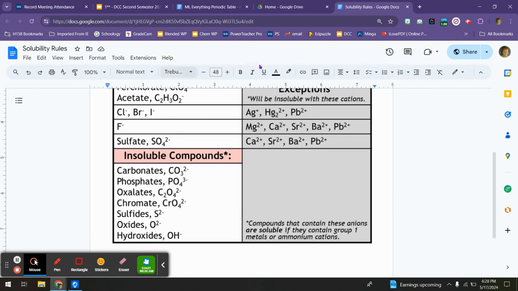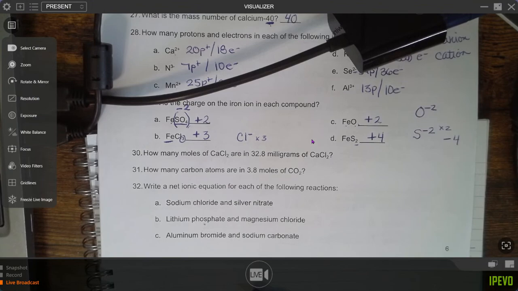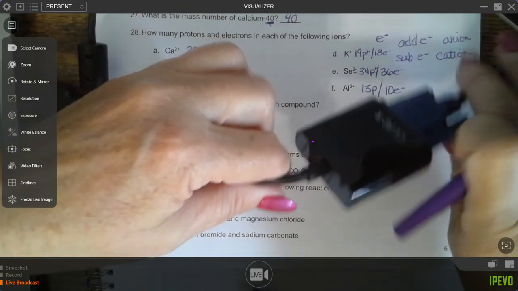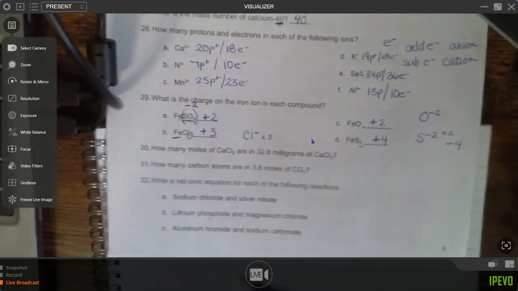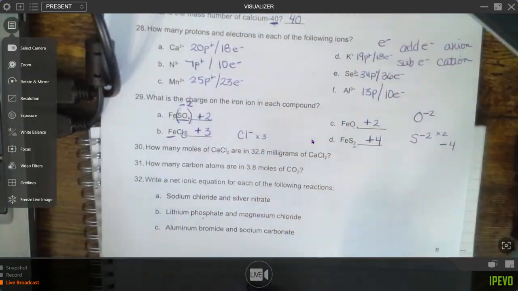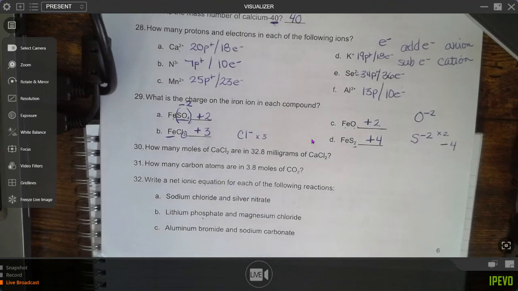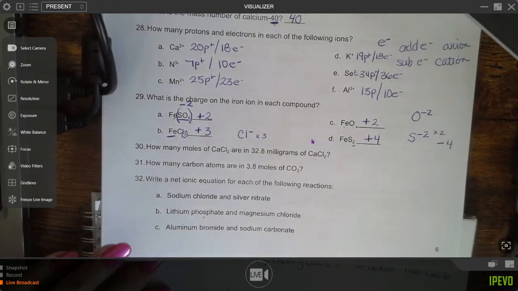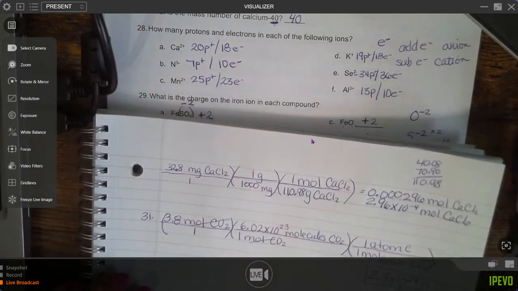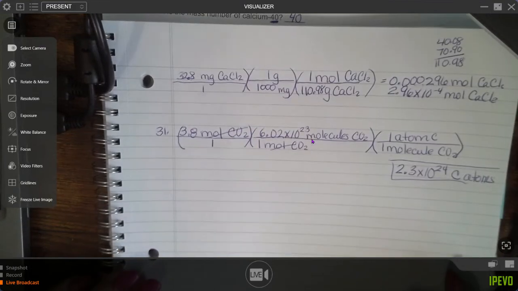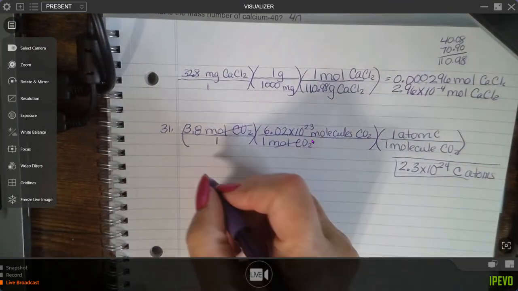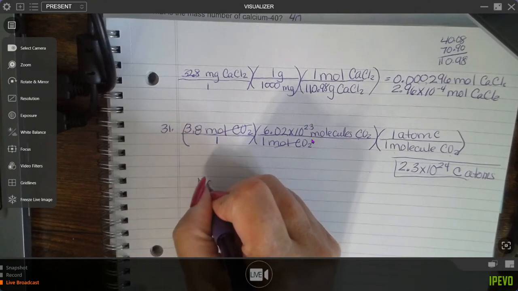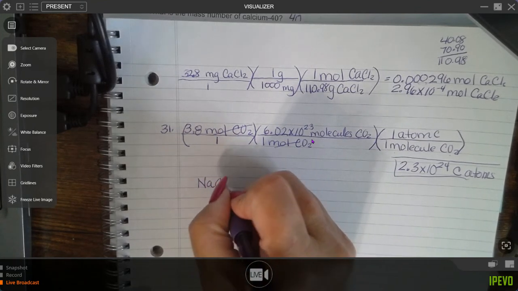Let's see what that means for us as we look at how to write a net ionic equation. This first reaction says that we have sodium chloride and silver nitrate. So let me get my notebook up here. Sodium chloride: we have sodium and chlorine.